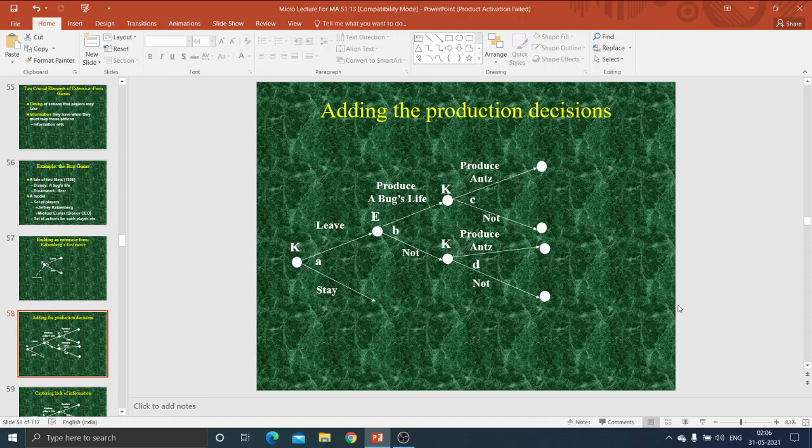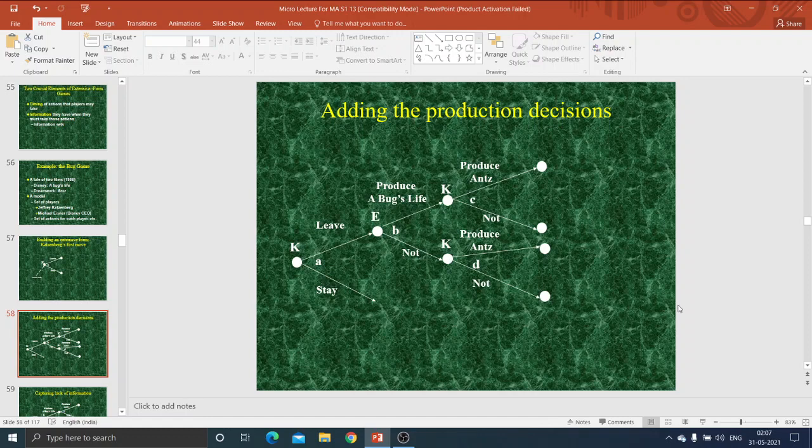At the same time, if Katzenberg leaves, Eisner may not produce any film, A Bug's Life, and then Katzenberg can also produce Antz.